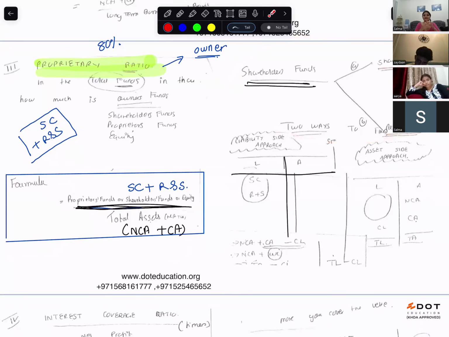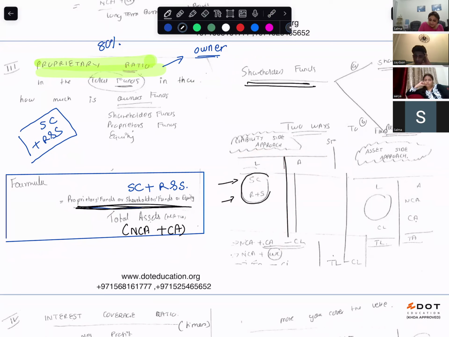How will you calculate? There are two ways. First is your liability side approach, that means you start from the liability side. You have your liabilities on here and assets over here. Are you with me? In your liability, the first part that you have is your share capital and reserves and surplus.